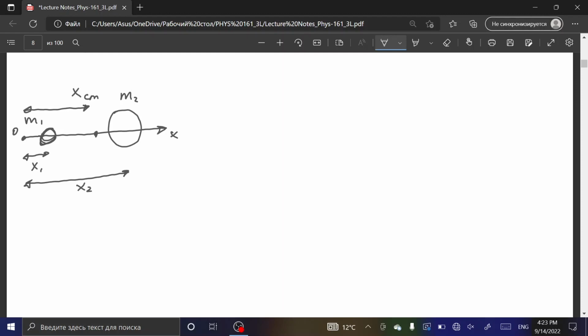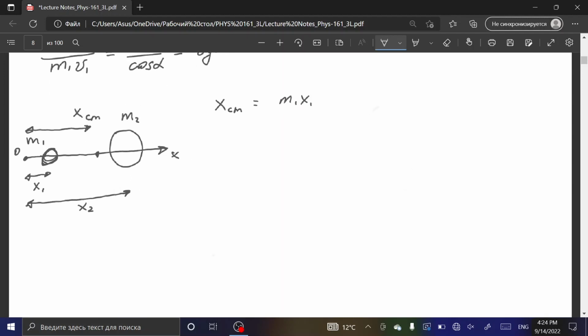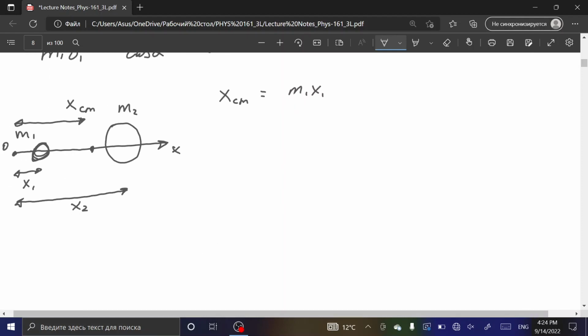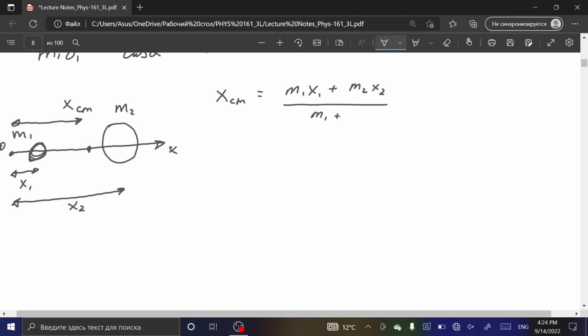So the way we calculate it, x center of mass is equal to m1 times x1, so the mass of the first object times the position of the first object, plus the mass of the second object times the position of the second object, divided by the total mass of this system, which is m1 plus m2.